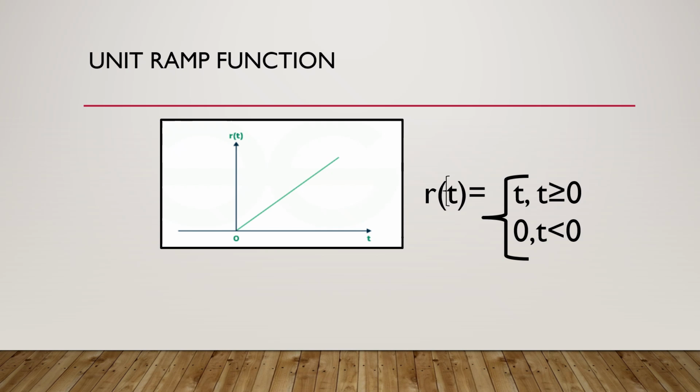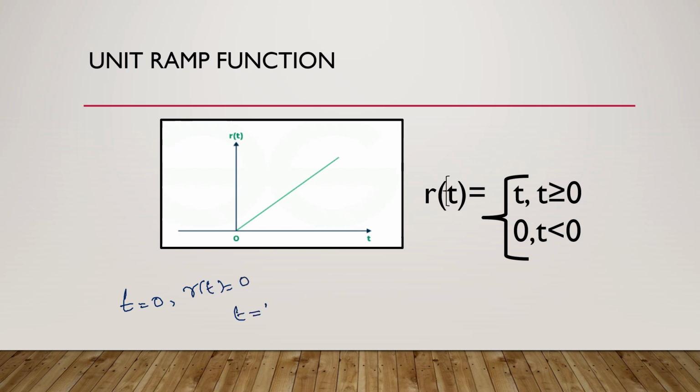Now this is the ramp signal, that is a linearly increasing signal. r of t is equal to t for t greater than or equal to 0 and 0 for t less than 0. How do we get this value as t? When t is equal to 0, r of t will be equal to 0.